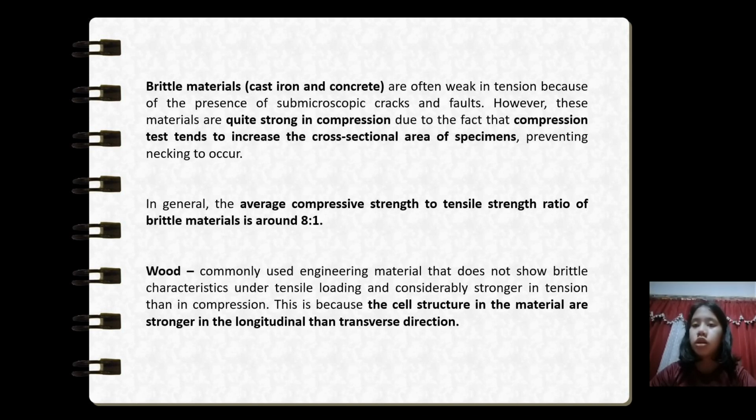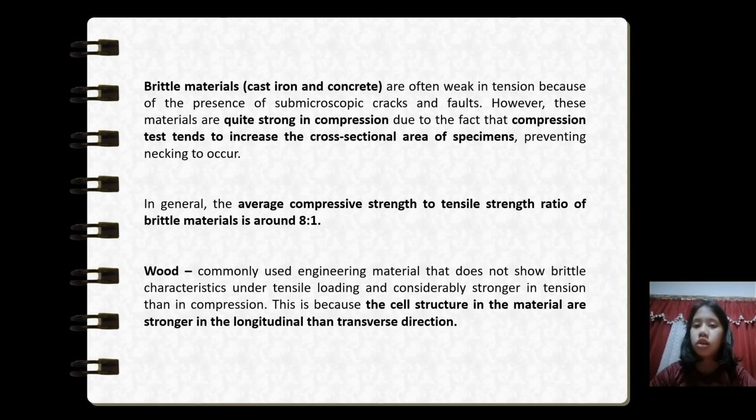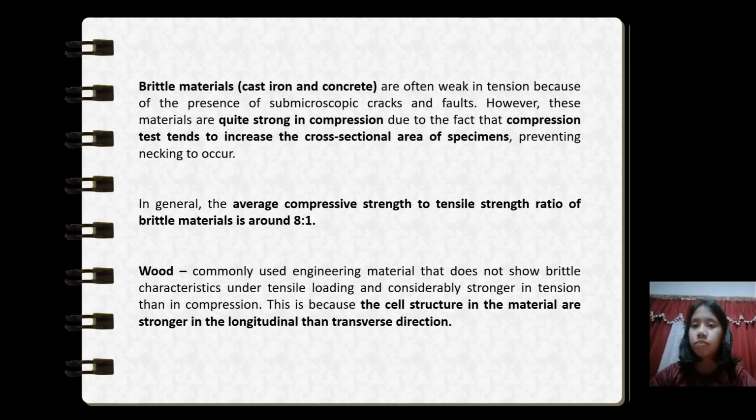In general, the average compressive strength to tensile strength ratio of brittle materials is around 8:1. Wood is a commonly used engineering material that does not show brittle characteristics under tensile loading and is considerably stronger in tension than in compression. This is because the cell structures in the material are stronger in the longitudinal than the transverse direction.